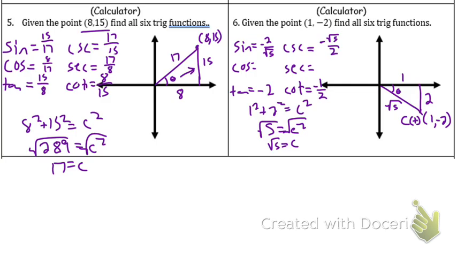The cosine is adjacent over hypotenuse, and we know that cosine is positive in quadrant 4, so 1 over square root of 5, and then this would just be the square root of 5. Okay, I did not rationalize my denominators here. I think that's more so when you're looking at tangent around the unit circle that we need to know that.